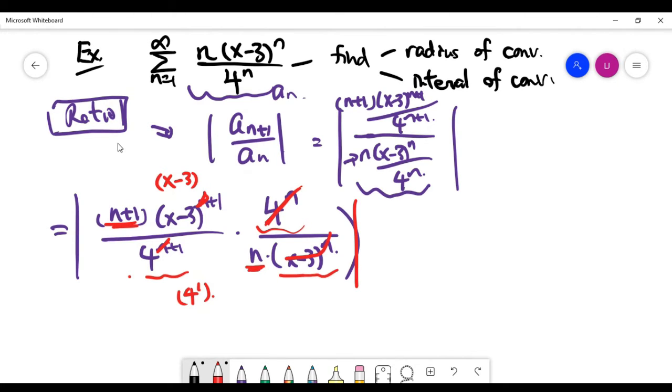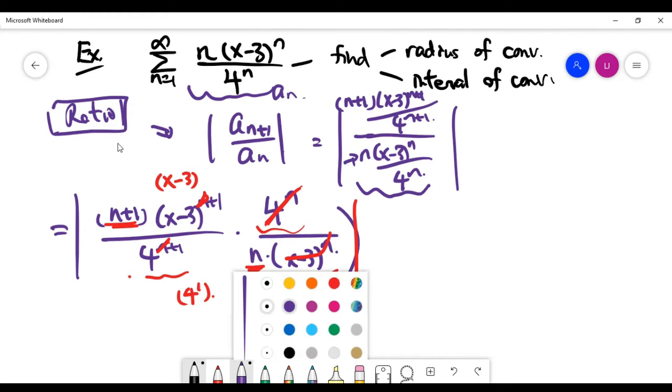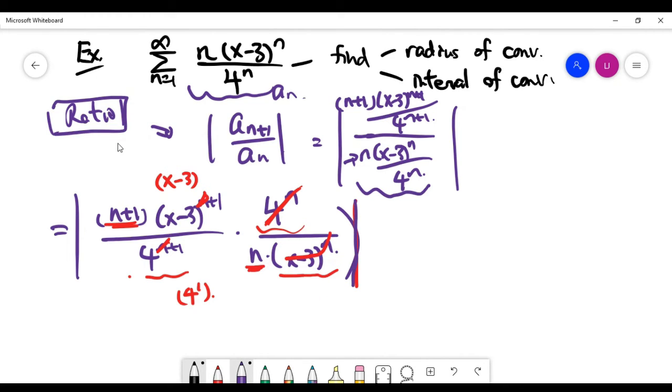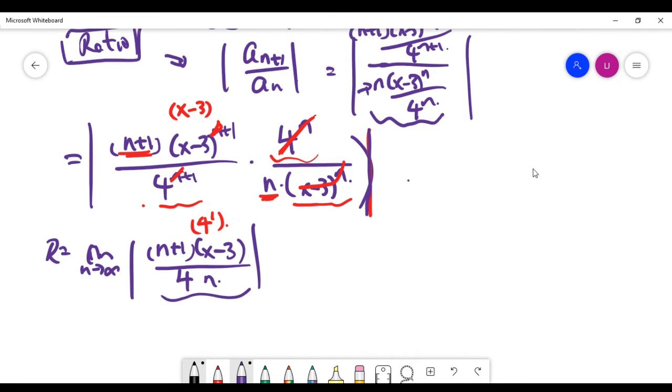So now, what you need to do is to find the limit as n goes to infinity for this term. And let's just write it down here. So you have to take the limit as n goes to infinity for the fraction you have. So please look at the current fraction you have here. You're taking the limit of that. And same as before, the term with the x has no relation to the n. So even if you take n goes to infinity, it doesn't affect this term x minus 3.